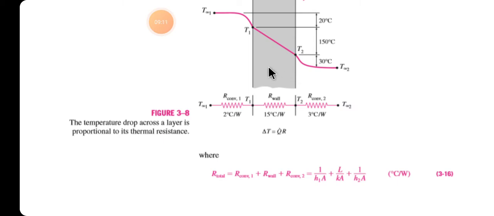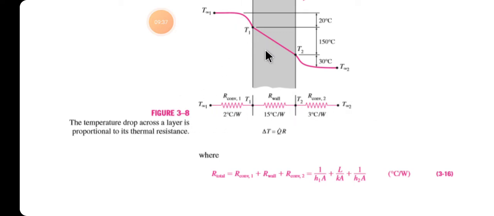In conduction there will be the resistance due to the k value, the thickness, the area, and so on. And similarly from T2 to the inside we have a resistance of convection. So we can draw the resistance diagram like this: T infinity, then convection resistance, then conduction resistance, then the convection resistance.